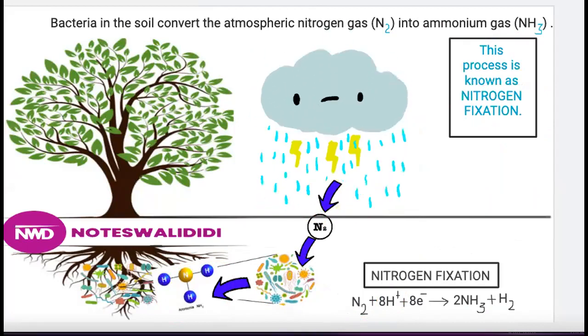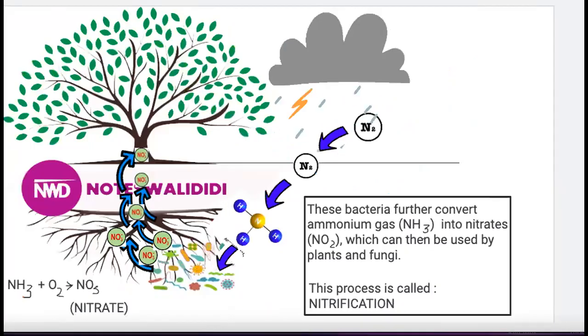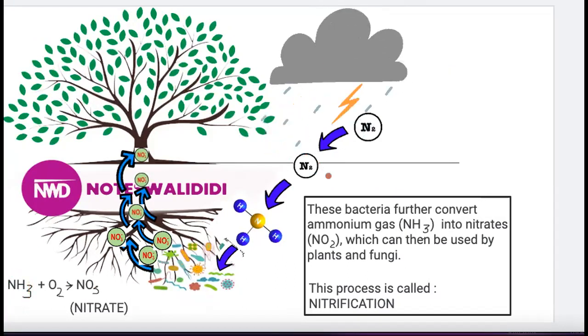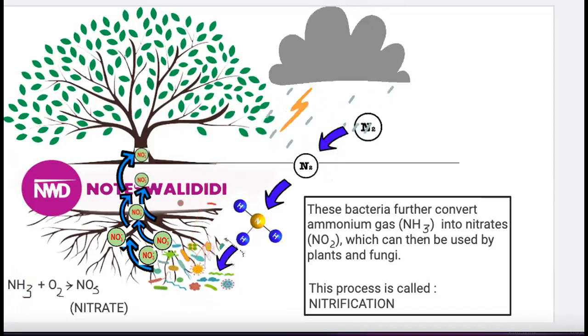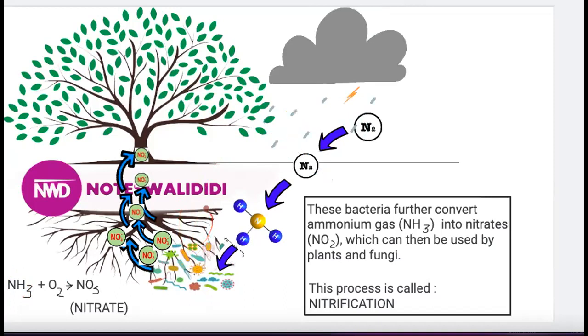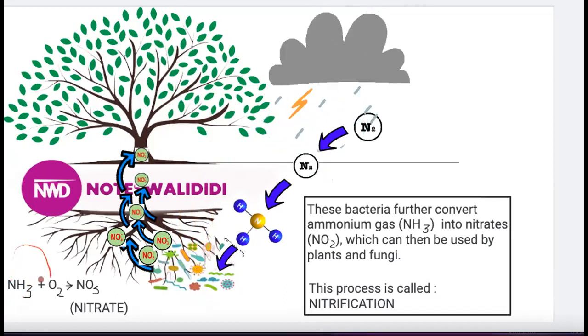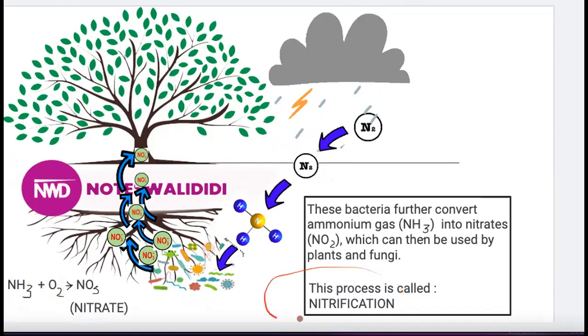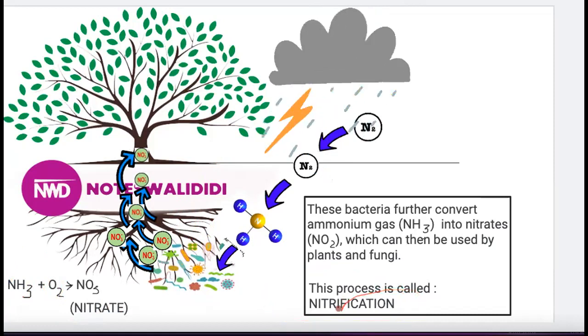Next, this ammonium gas is toxic, so it is acted upon by some special type of bacteria present in the roots of the soil, and they combine this ammonium gas with oxygen to form nitrate in a process called nitrification.